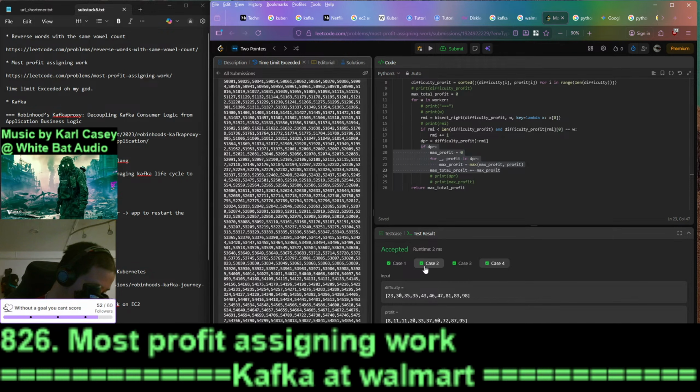So we think, we started from the biggest. In this case we have 92, and we found 86 is the maximum that we can find from the difficulty.